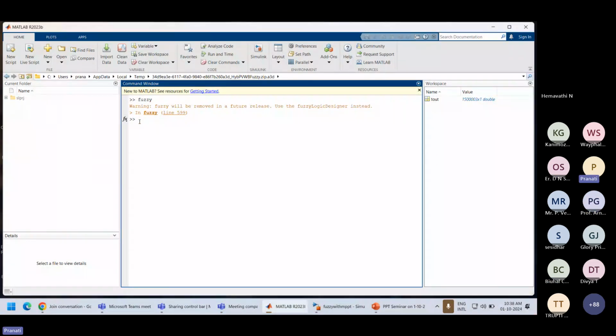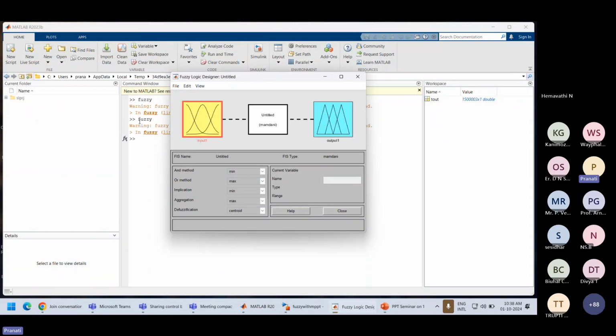Now, when we write fuzzy here, it will bring up this fuzzy logic window. You need to store the .fis file. Now you need to add variables to input or output. We have considered two inputs: error and change in error.